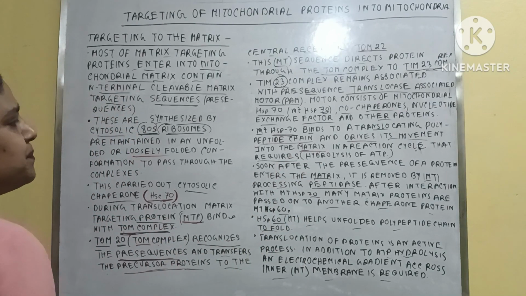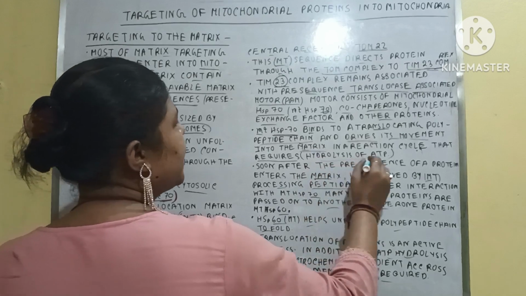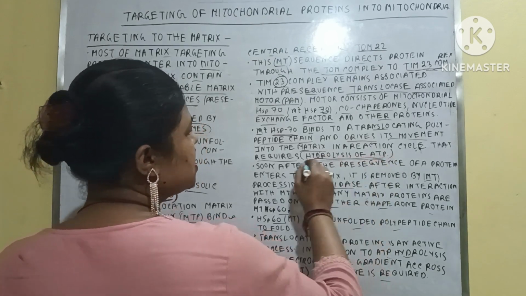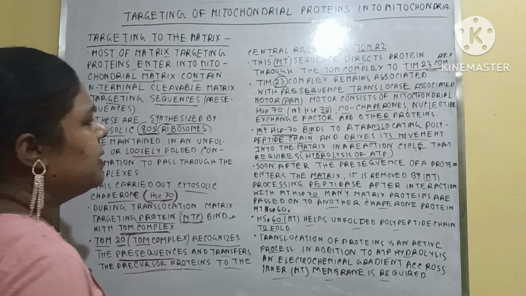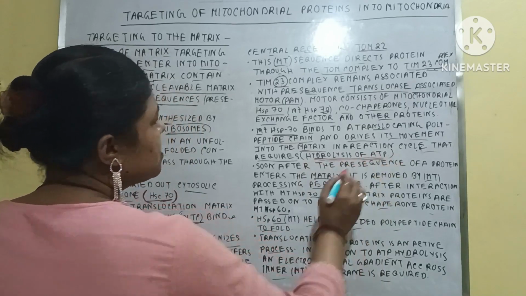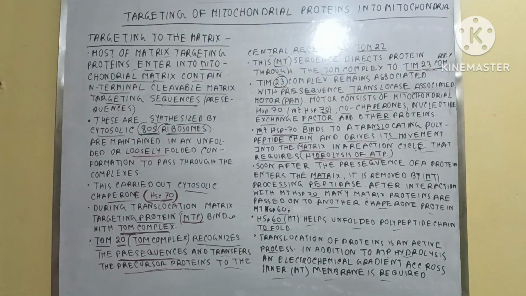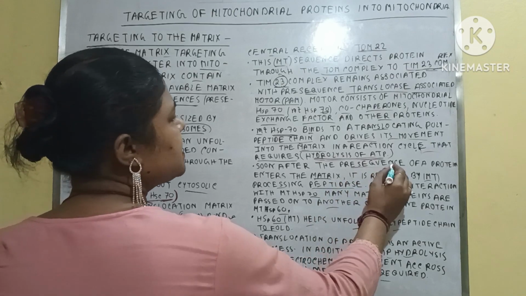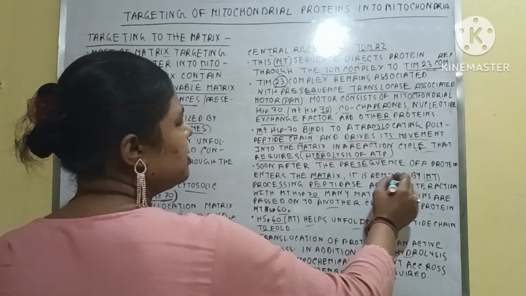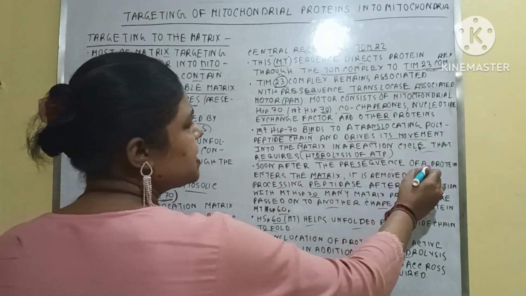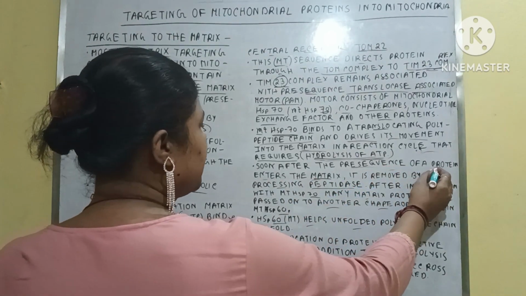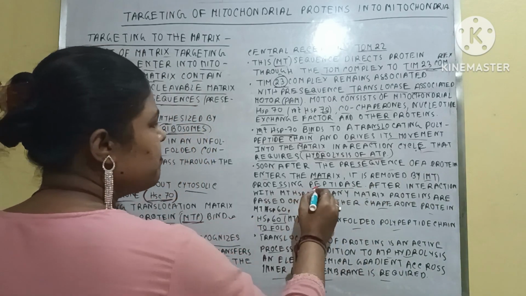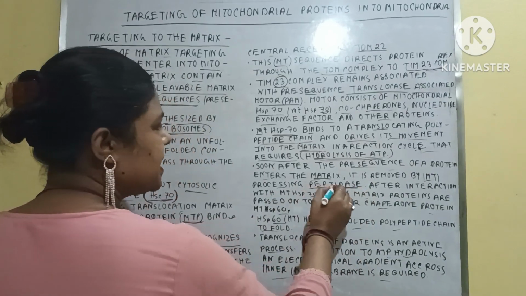The hydrolysis of ATP plays an important role here, because this matrix interaction cycle requires the hydrolysis of ATP. Soon after the pre-sequences enter the matrix, they are removed by the mitochondrial processing peptidase, another enzyme.